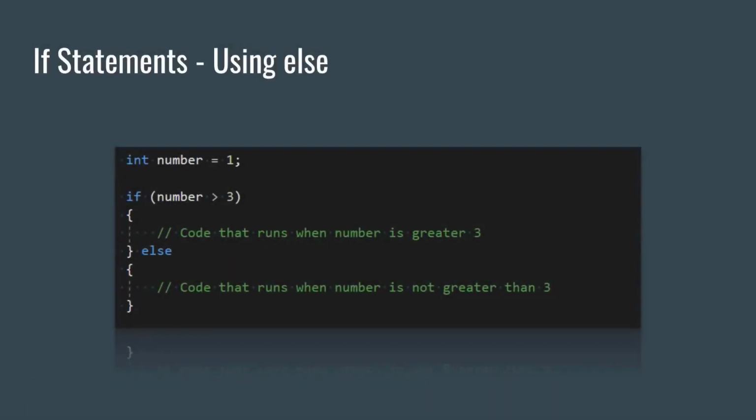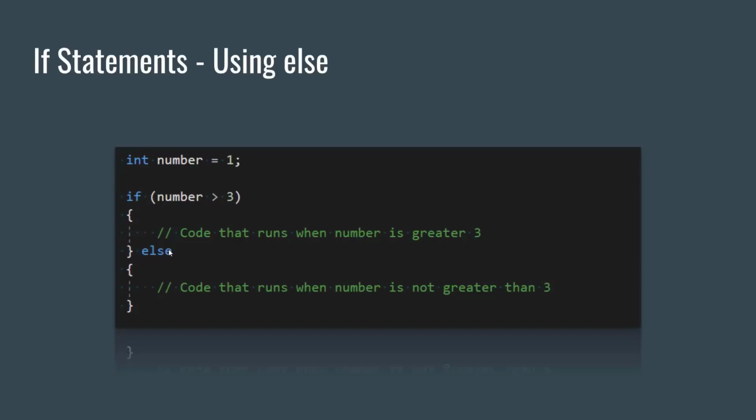Now we have also something called else, which allows us to execute some code if the condition is not met, or if none of the conditions are met, and that will make sense as soon as we look at the next example. We have this number which has the value of 1, and we check, is number greater than 3? If number is greater than 3, then execute the code within my block.